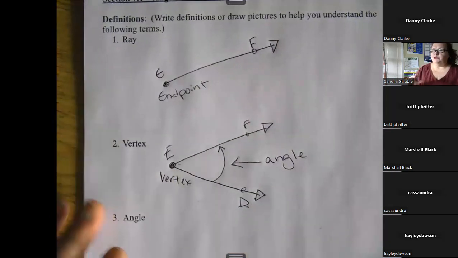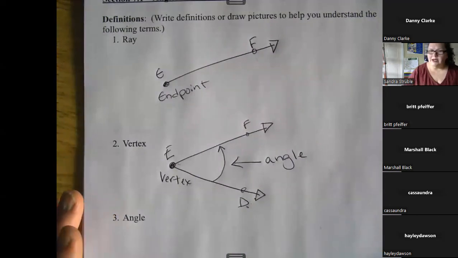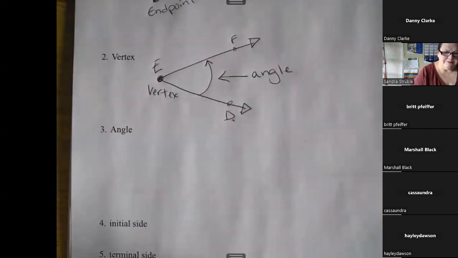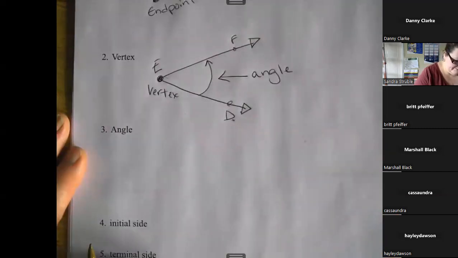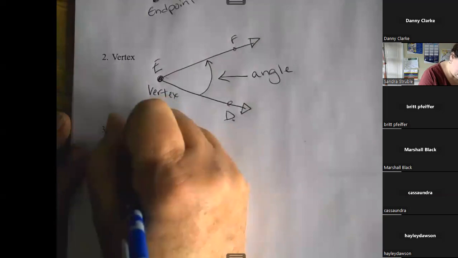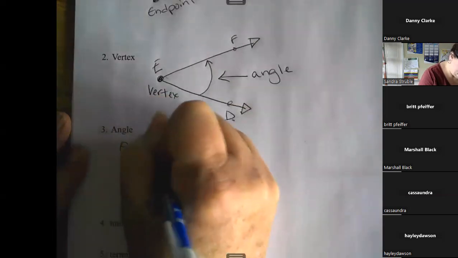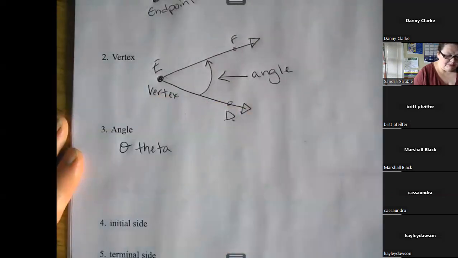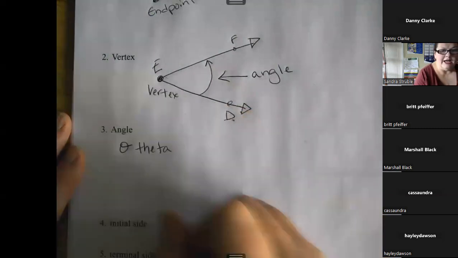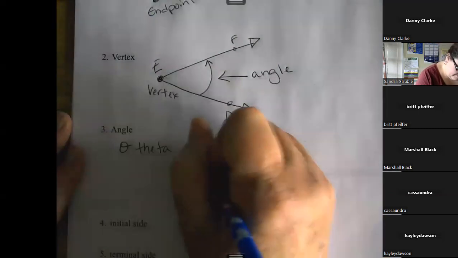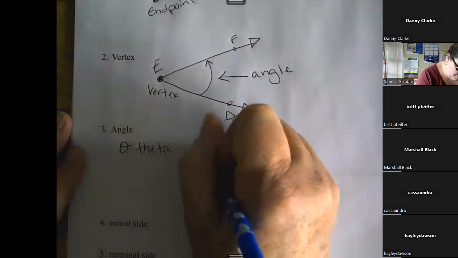So we typically use Greek letters to describe an angle. I want to give you a few of those to help you out here. Theta is my big one. I use theta. Sometimes you might see phi. I'm horrible at drawing this one.